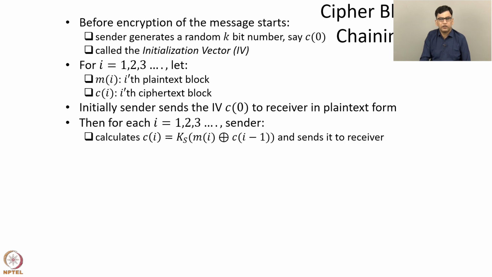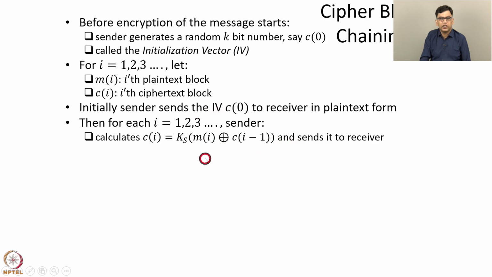The encryption scheme is as follows. For each i equals 1, 2, 3, and so on, the sender first XORs Mi with Ci minus 1 and then encrypts the result to get Ci. So Ci is Ks of Mi XOR Ci minus 1. So for i equals 1, Ci minus 1 is the IV, that is C0.